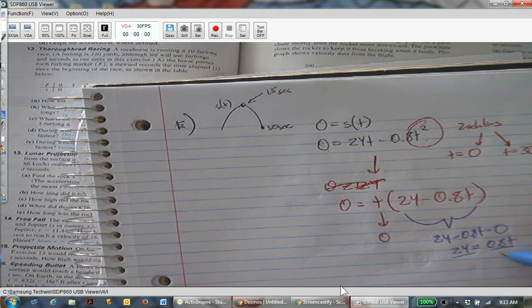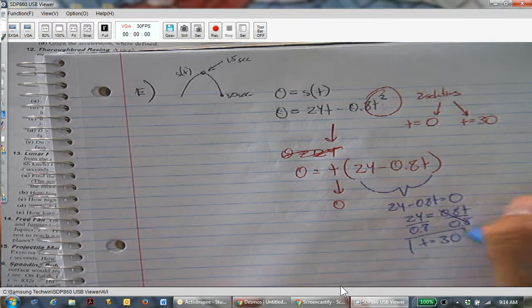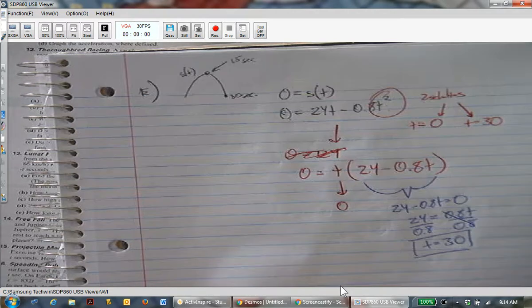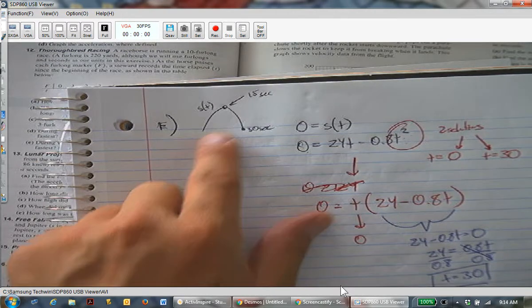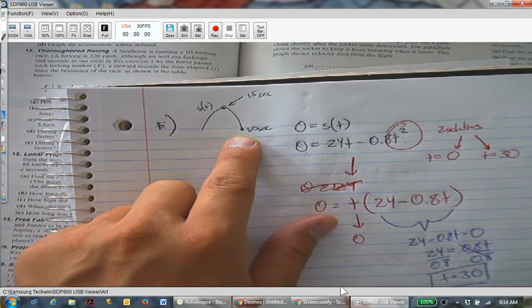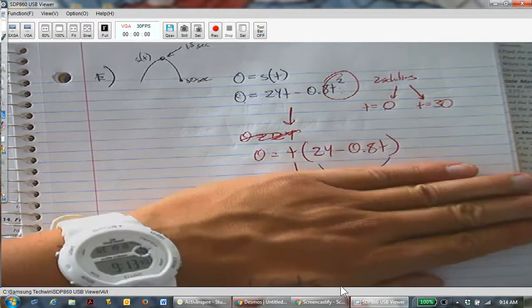You divide both sides by 0.8. And if you plug that into your calculator, you should get t is equal to 30. Okay? You can do it like the way Danny did it. She just did it in her head. She knew it took 15 seconds to get to the top. It'll probably take 15 seconds to get to the bottom. If that doesn't satisfy you, you can just set this equal to 0, and you get 2 solutions.